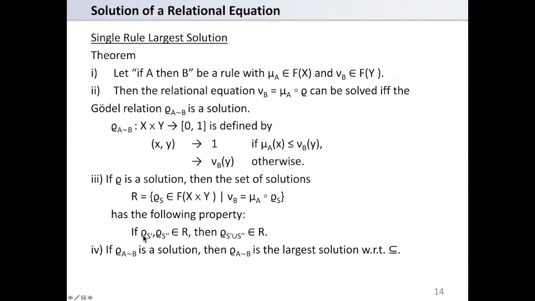If rho S prime and rho S double prime are relations satisfying this condition, then the union of rho S prime and rho S double prime also satisfies this condition. If the Gödel relation is a solution, then the Gödel relation is the largest solution with respect to the subset property.